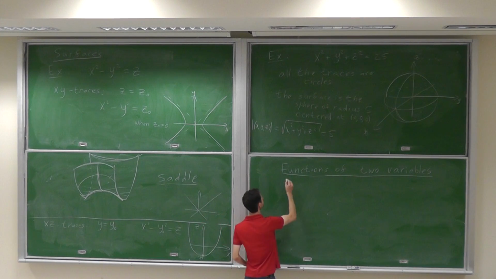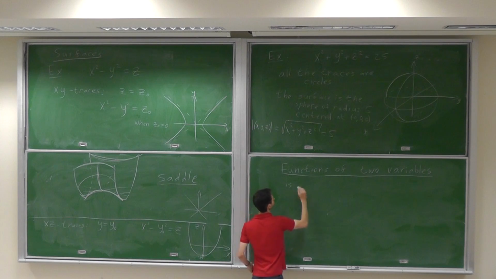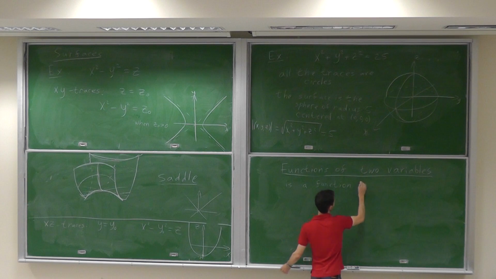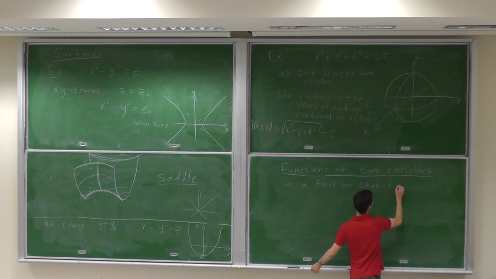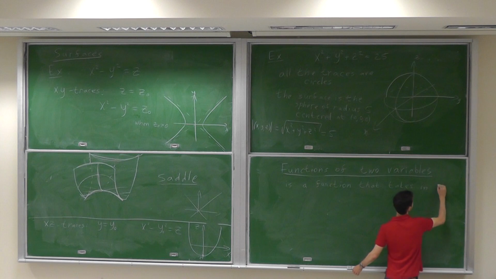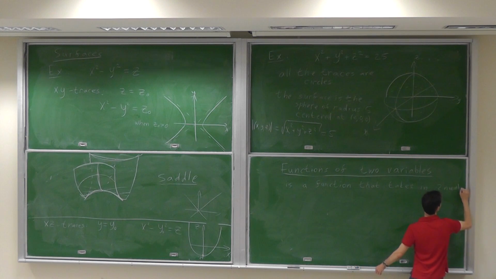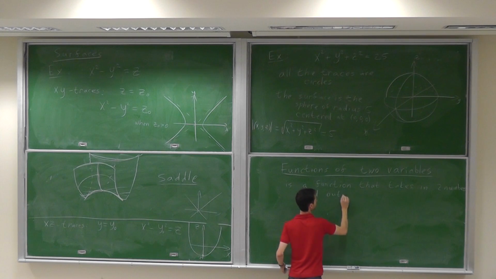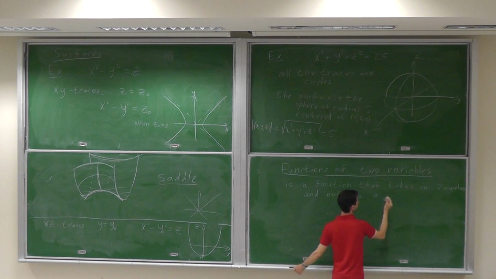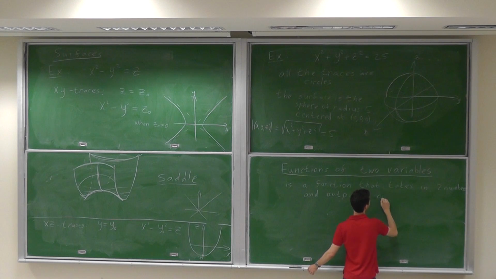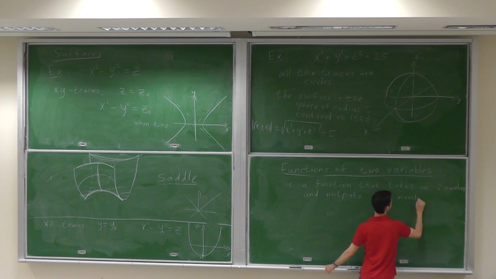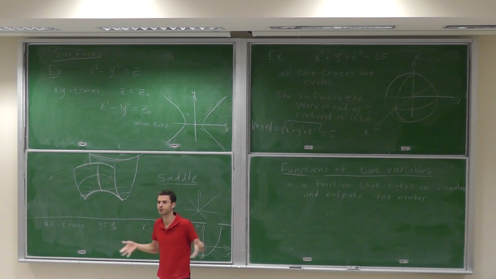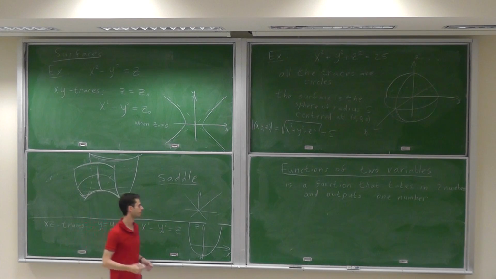Well, it's just a function that takes in two numbers and outputs one number. So it's a recipe how to take two numbers, do some manipulations, and output a third number.